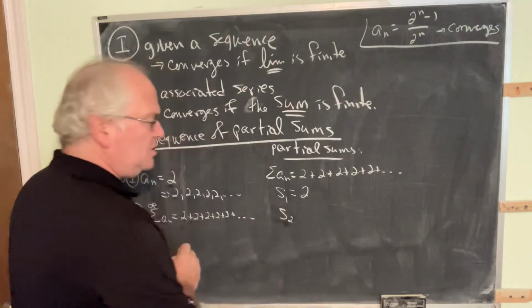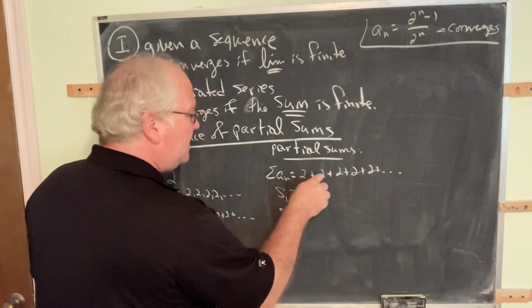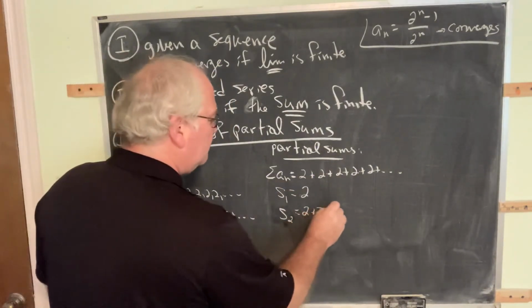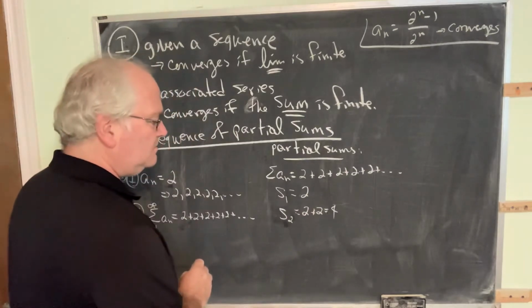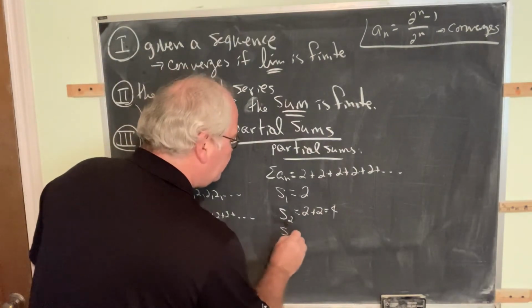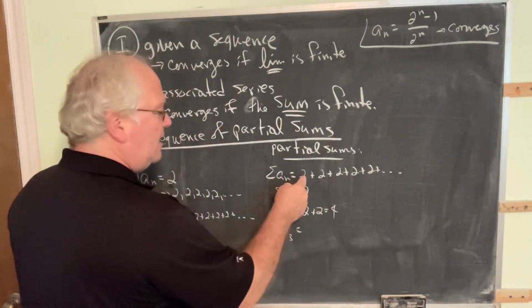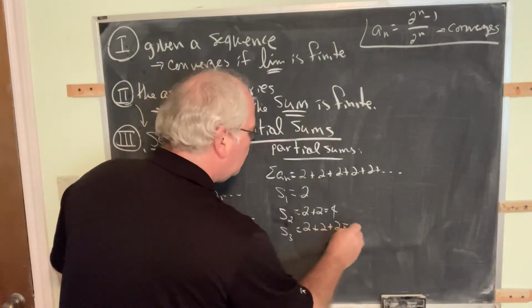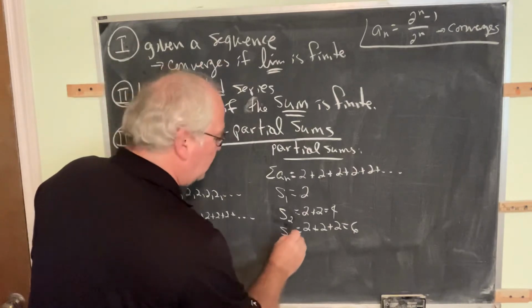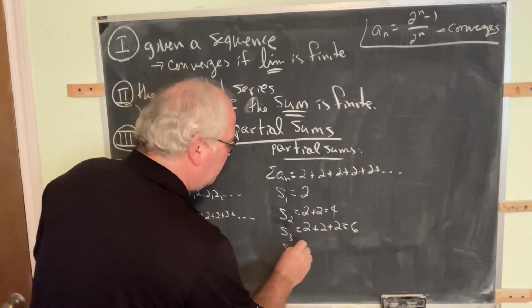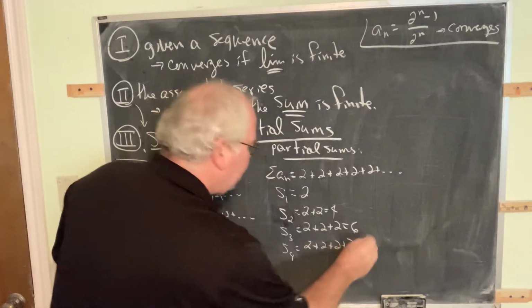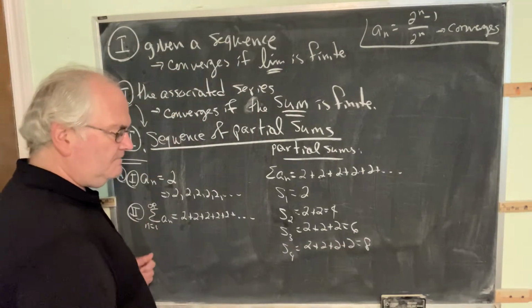Partial sum number 2 is you add together the first 2 terms, which in this case is 4. Partial sum number 3 is you add together the first 3 terms, 6. And it's not too hard to catch this pattern. Partial sum number 4. That's 8, and so on.